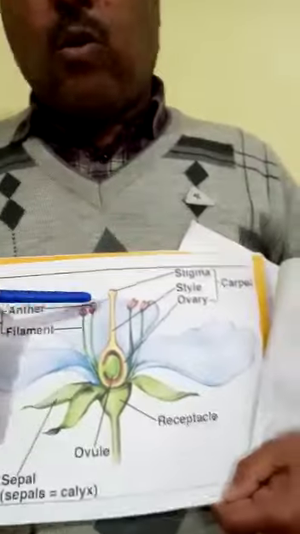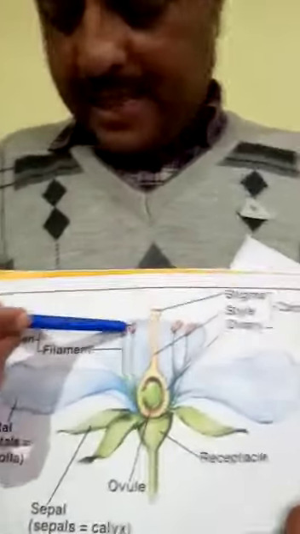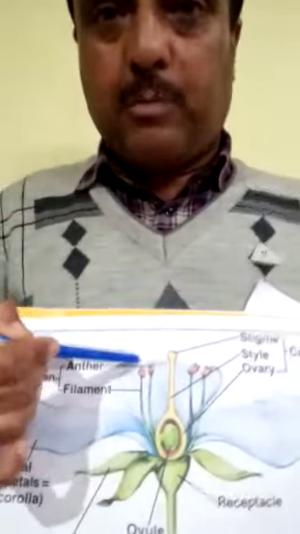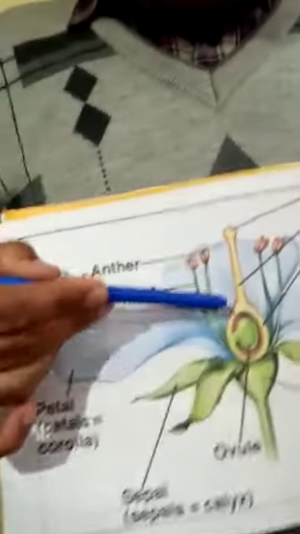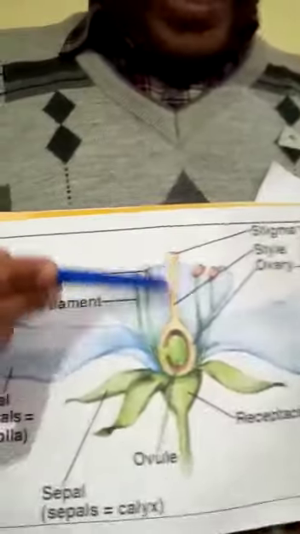Then we have one more whorl, the carpel or gynoecium, which is the female reproductive part of the flower.